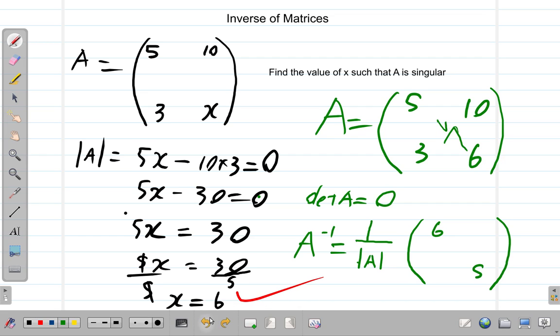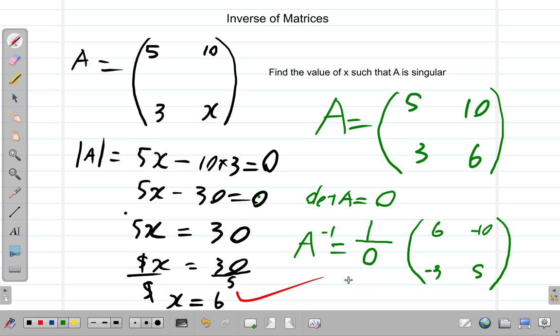You interchange those. Then you multiply the non-leading diagonals by -1, so their signs will change. Now, I said 1 divided by the determinant of A. So let's see what the determinant was again. What was the determinant of A? 0.